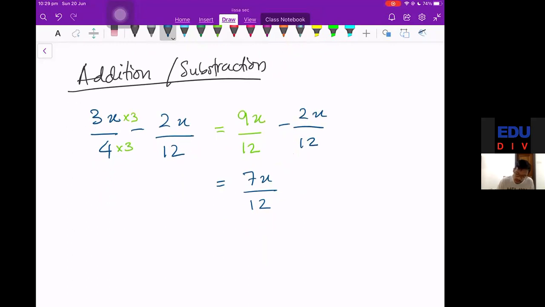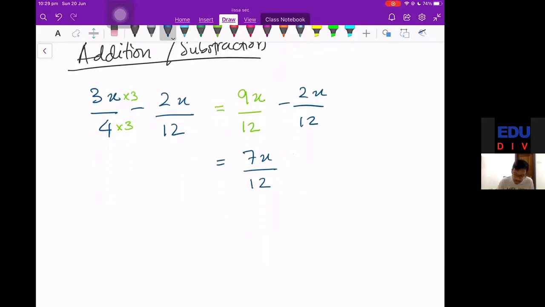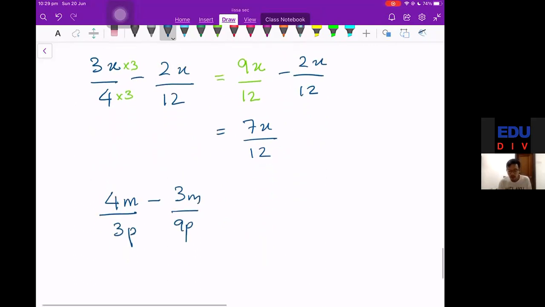Let's do another example. Let's say we have 4m minus 3p over 9p. We need to make sure the denominator is the same. So what we need to do is multiply this by 3.